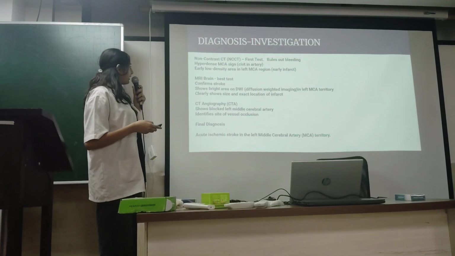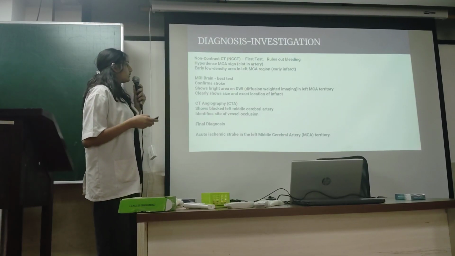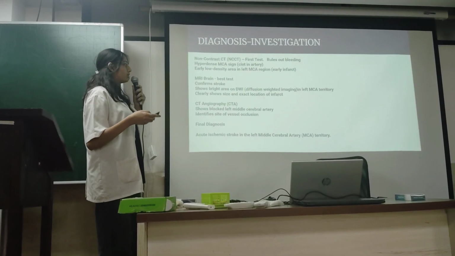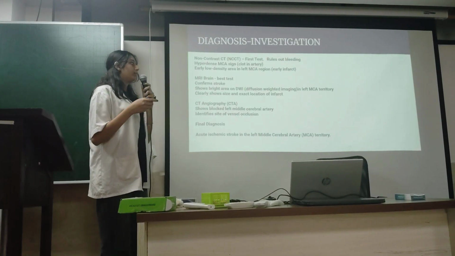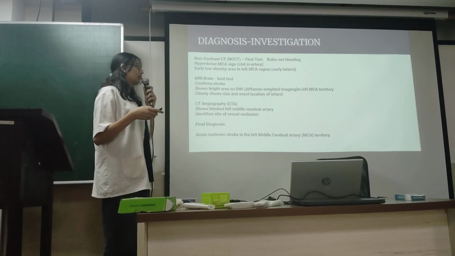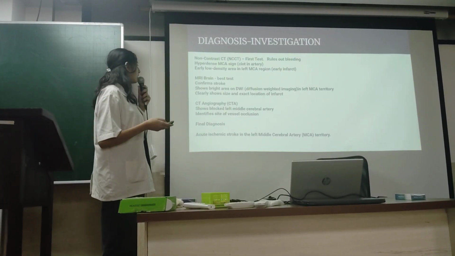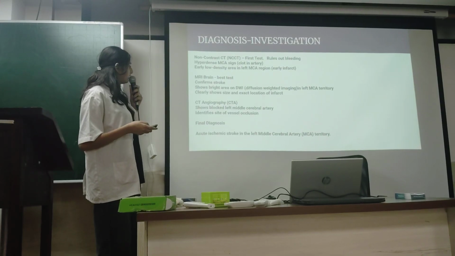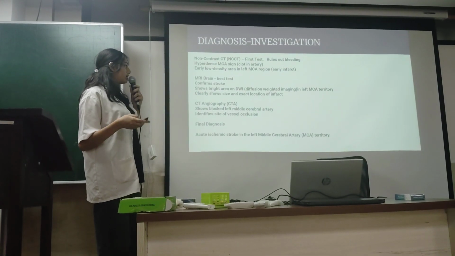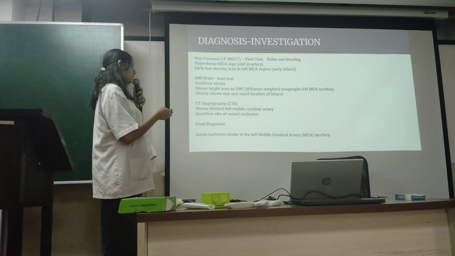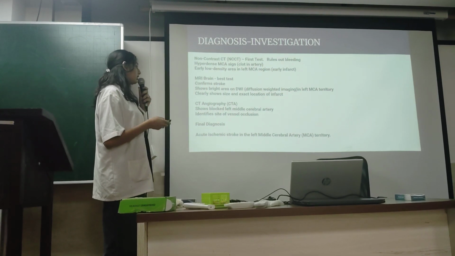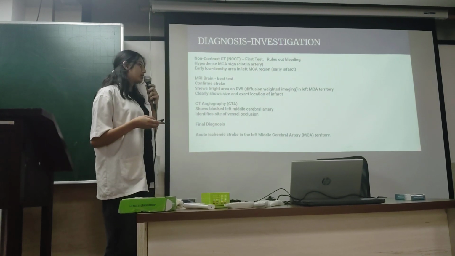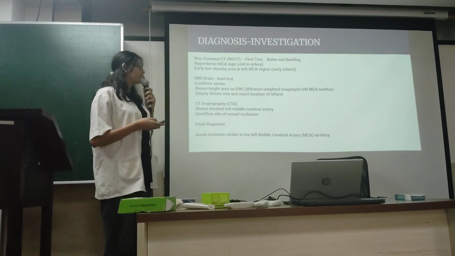In MRI, we find that there is a bright area on the diffusion weighted imaging in the left middle cerebral artery territory, which is the area supplied by the MCA. In CTA scan, that is CT angiography, it shows blocked left middle cerebral artery, and hence the final diagnosis is acute ischemic stroke in the left middle cerebral artery territory. It is confirmed.